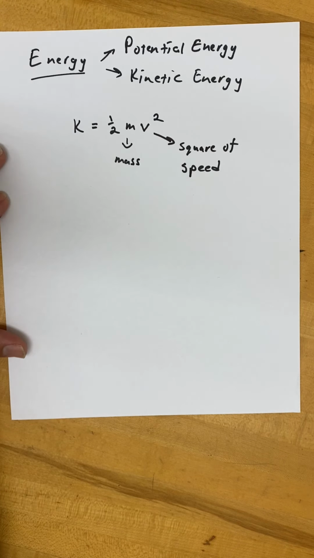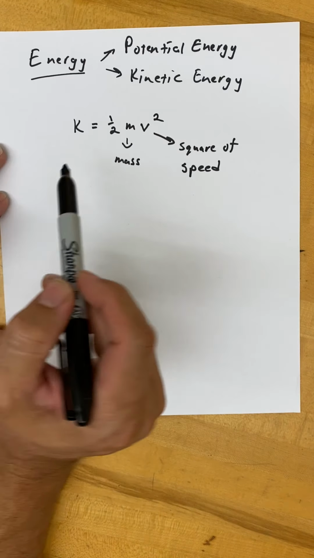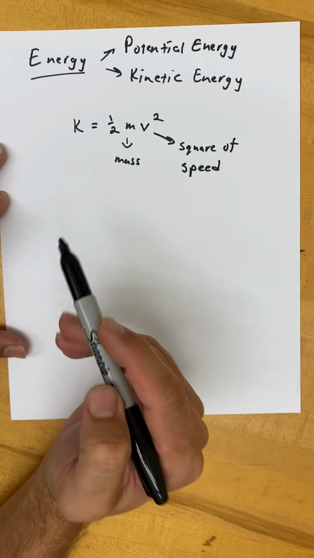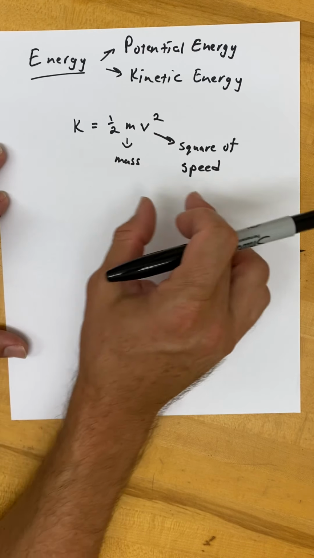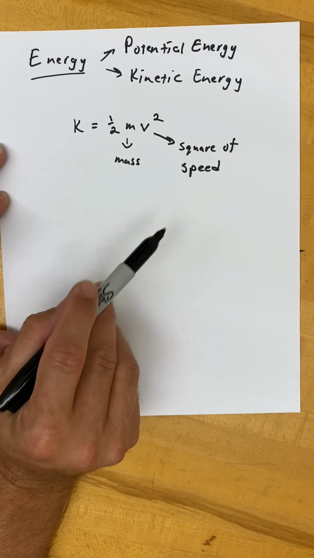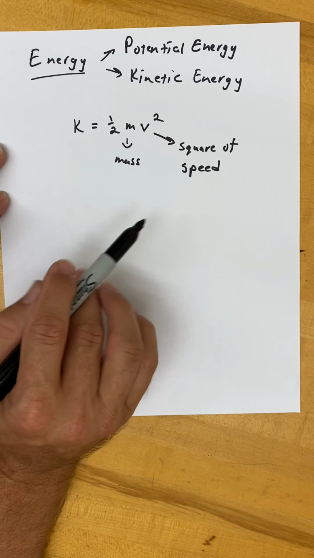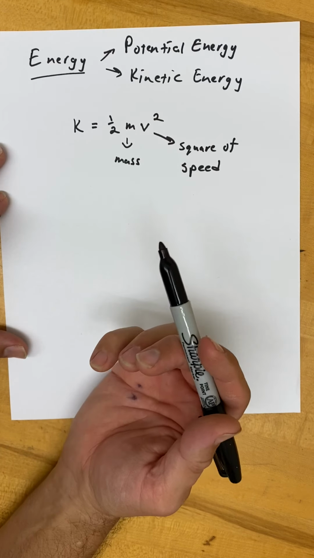Now, you've got to be careful. We're going to see in a little bit that energy can move. And if it moves, then it clearly has some sort of direction. But when we talk about energy moving, we're not talking about a direction in space. We are usually talking about it moving from one object into another, or moving from some reservoir, like a battery or a spring, into another object. And for that, we don't worry about the direction in space. In fact, it doesn't even make a whole lot of sense.